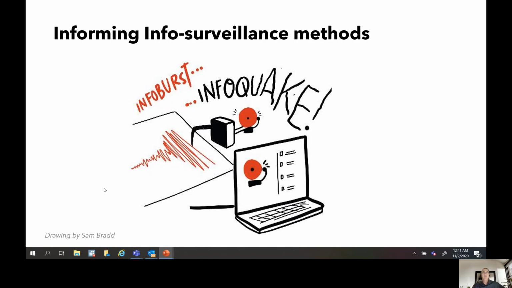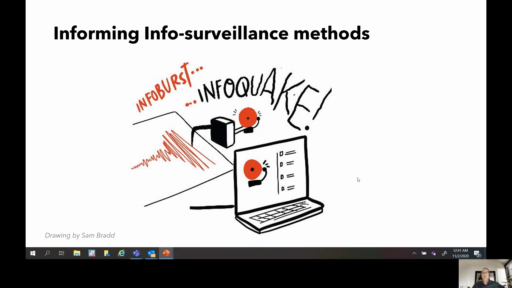A lot of what we do with public health surveillance is involved in detecting disease or an outbreak of an infectious disease, for example. Well, you could use the same kind of methodologies to detect an info burst in terms of monitoring infovalent data, which results in an info quake and would then be detected and acted upon as well.